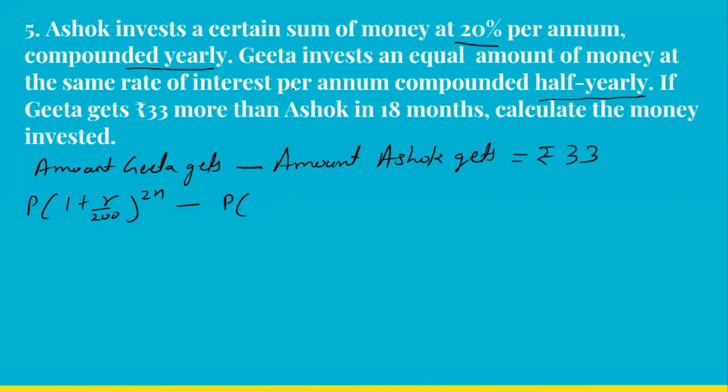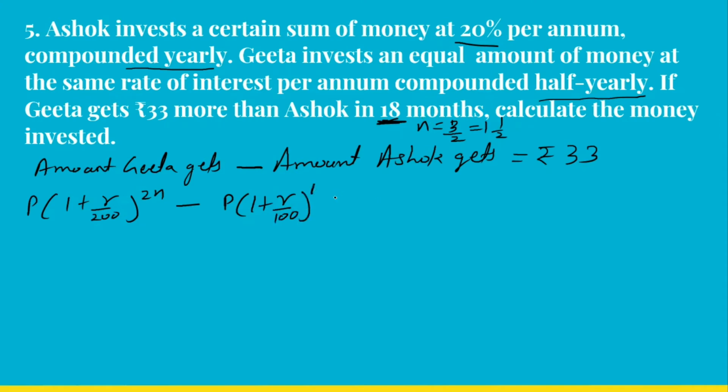Since the period here is 18 months, n is equal to 18 months, which is 3 by 2, which is 1.5 years. Okay. So since it is 1.5 years, you have P in bracket 1 plus R upon 100 raised to 1 for the first year.